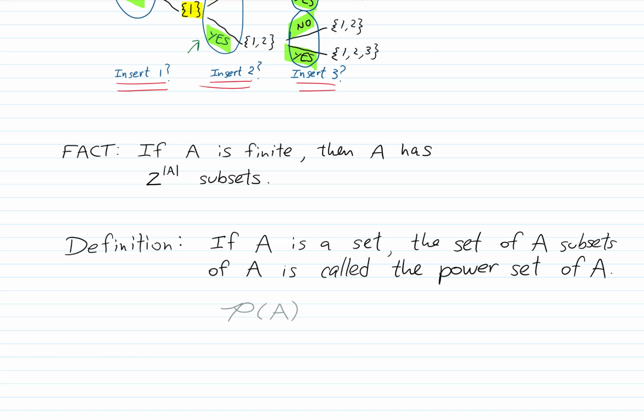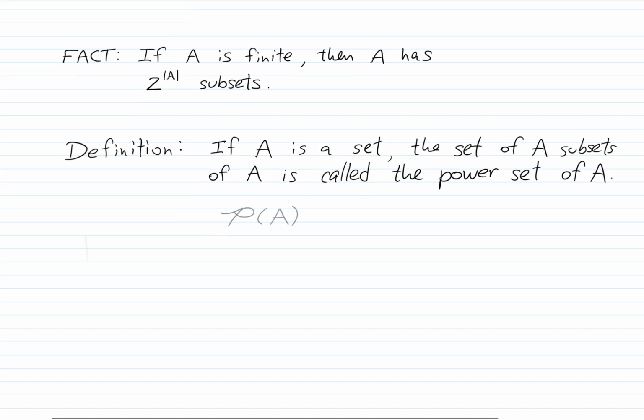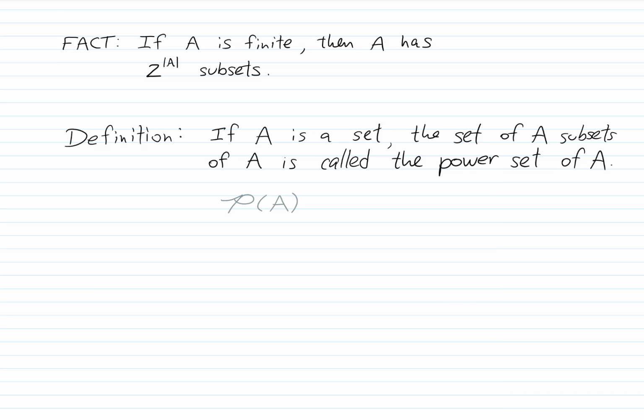So going back to the example that we did a few minutes ago where I wrote A is the set containing 1, 2, and 3. Let's write the power set of A. We already listed all of the subsets of A. And so the power set of A is the set containing all of those subsets of A. So what were they?